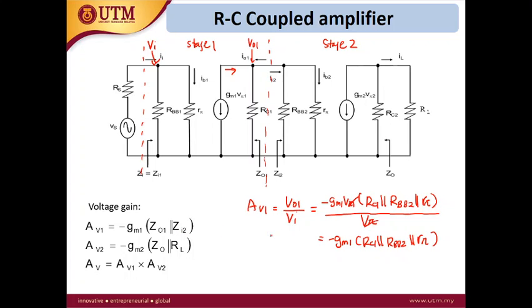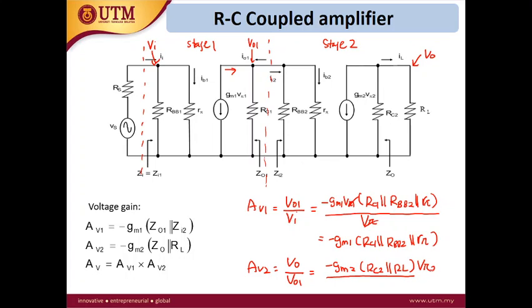Okay. So AV2 is defined by V out over V out 1. So V out here is minus gm2 RC2 parallel with RL. So what is V out 1? Oh, I missed the V pi.